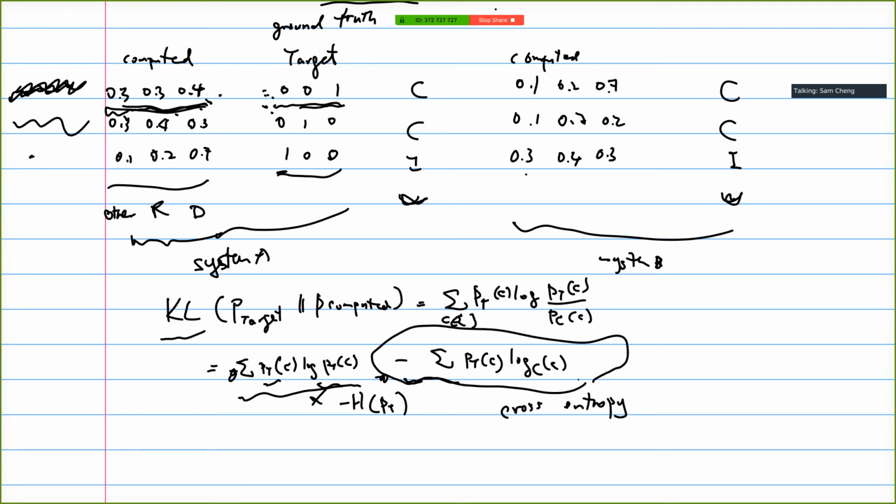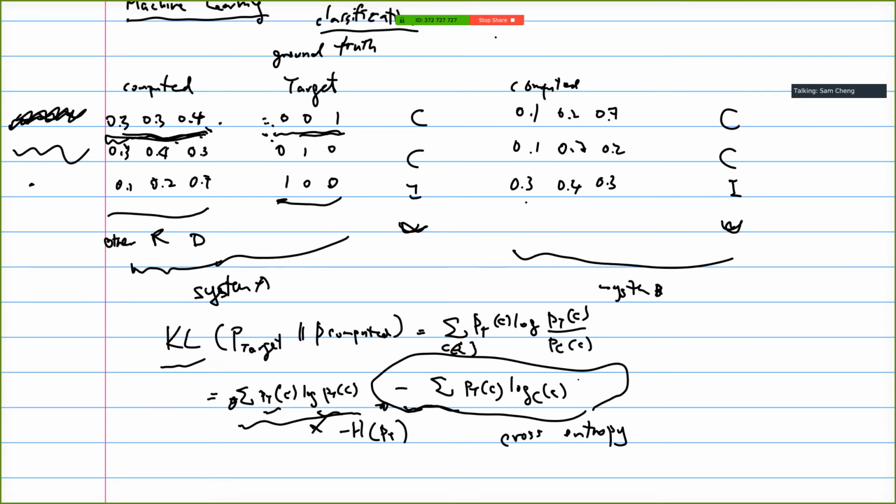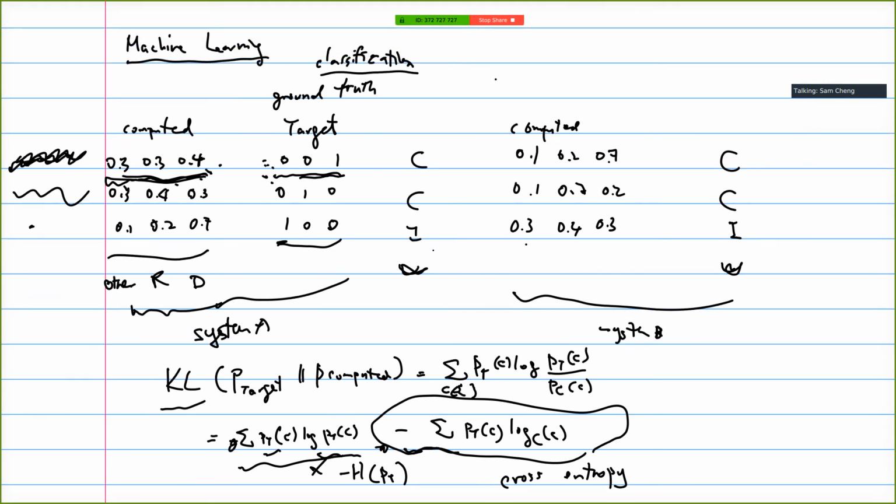So to evaluate the system, instead of computing how many correct or incorrect predictions, we'll compute the average cross-entropy. Basically, for each record, we can compute the cross-entropy, and then we just average that out.